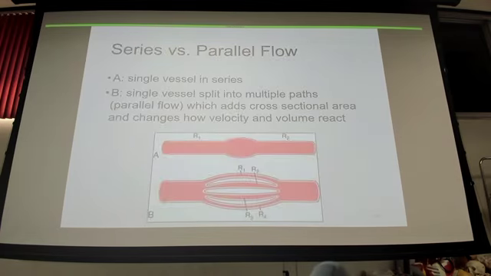So, now we'll talk about a little hemodynamics, a little fluid dynamics, a little physics. Very little. So, series versus parallel flow. Where have we already seen this? The capillary bed, right?